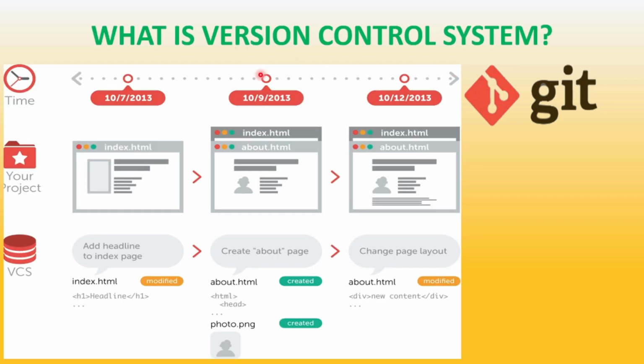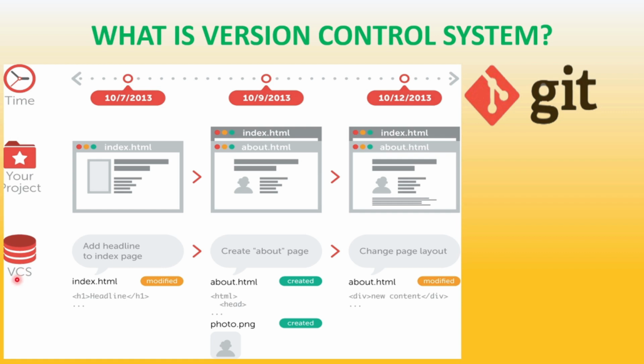So now what is a version control system? Suppose in a company one project is assigned to one team and this is the timeline given. On 10th of July you started the project and created an index.html file, and you made modifications to that file. Whenever you create a file, what modification you have done, who has done it, at what time, all the details will be stored as a snapshot inside the version control system.